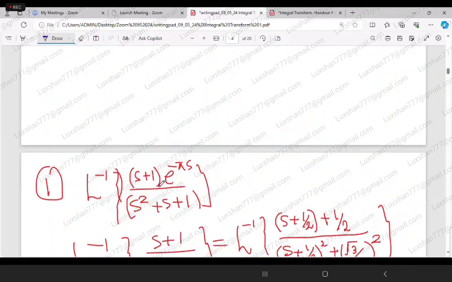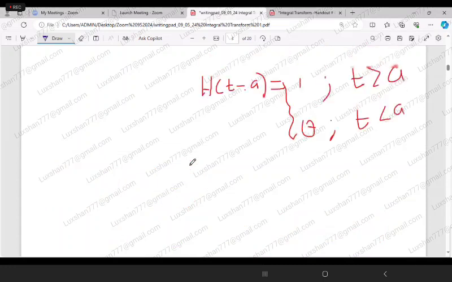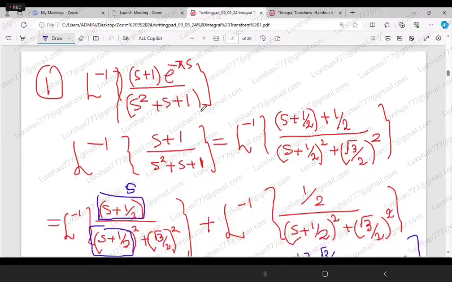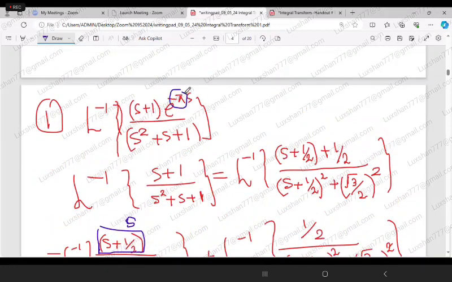Now what we have originally is multiplied with what? e to the power minus pi s. So you see here, when a function is multiplied by e to the power minus as, that is nothing but f of t minus a into h of t minus a. So when it is multiplied by e to the power minus as, you have to multiply by h of t minus a, as well as you have to change all your t as t minus a. So the value of a here is pi.